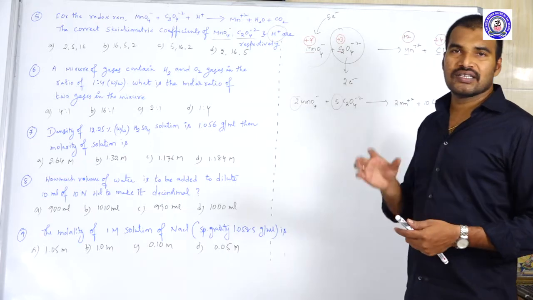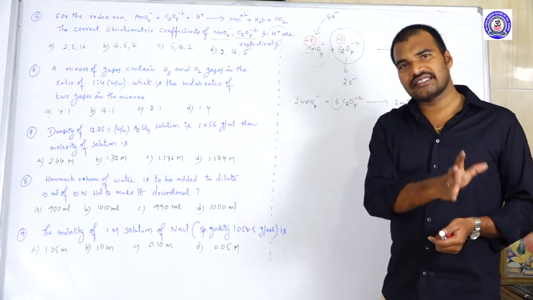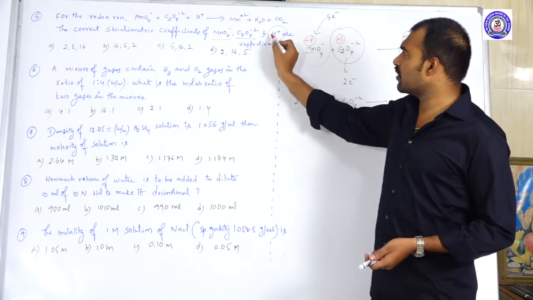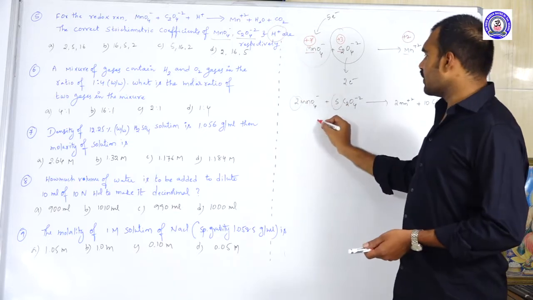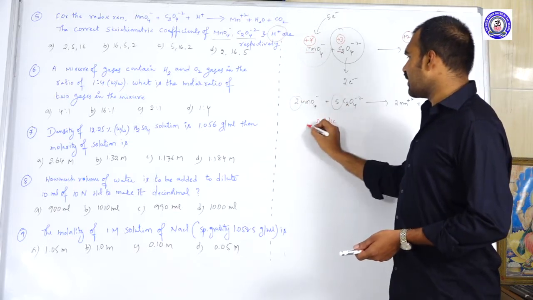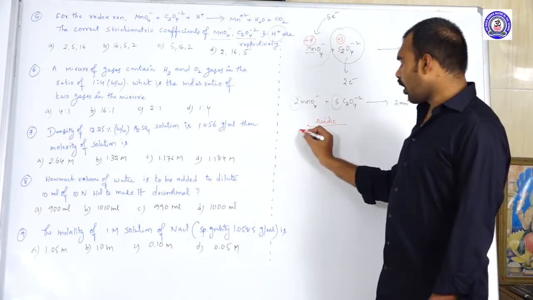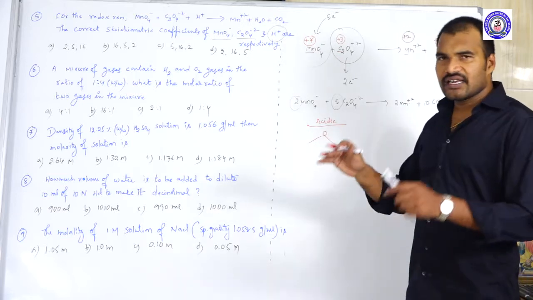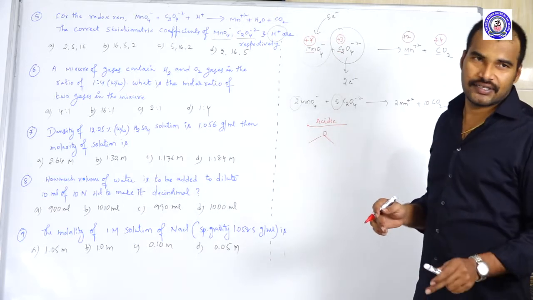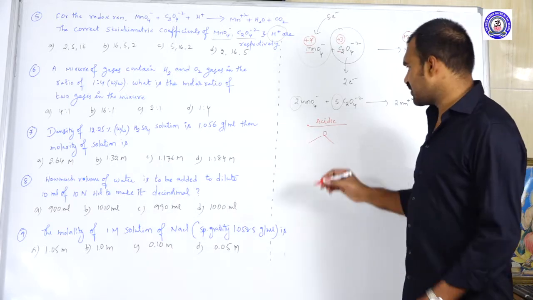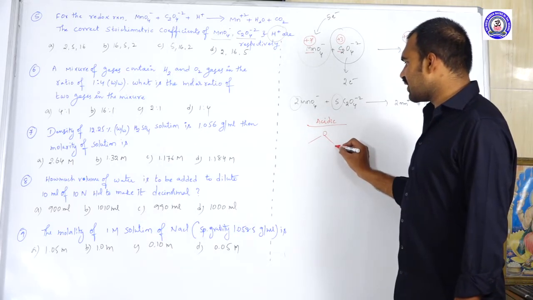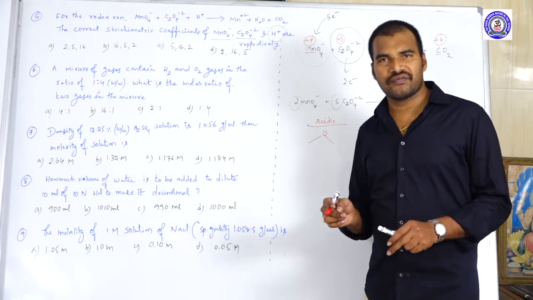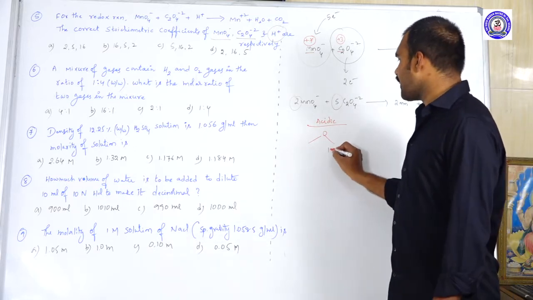Yes, how to balance the hydrogens and oxygen in an acidic media and a basic media. So here, as we know, this is an acidic medium. Why? Because H plus ions are present. Now in case of acidic media, how to balance the oxygens? The side where the number of oxygens are deficient, for example, oxygens are deficient in the right hand side, total how many oxygens are deficient, add that many number of H2O.